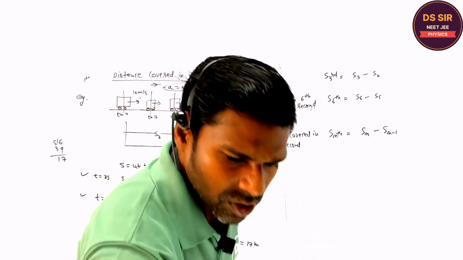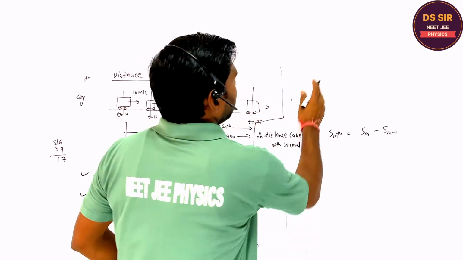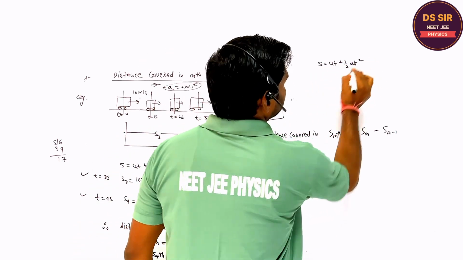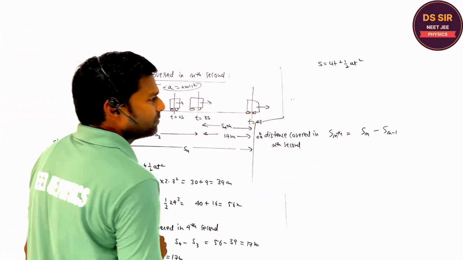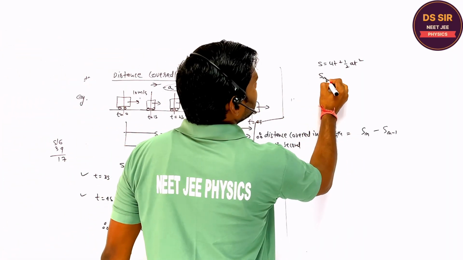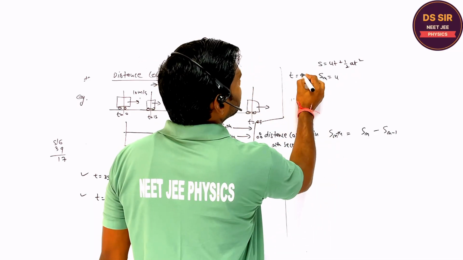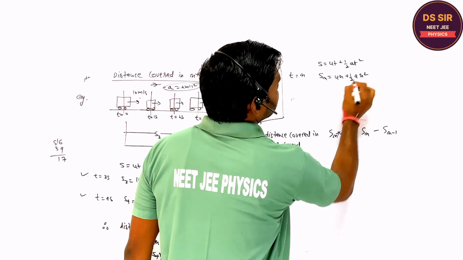Fine. You may write on the side. Listen one thing. S is equal to what? Say ut plus half at square. This is the formula. What is the distance covered in n second? Sn is nothing but initial speed is u. What is the time t? Say n second. Half a n square. Is it clear or not?